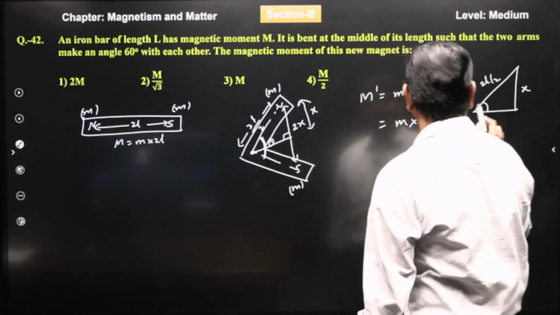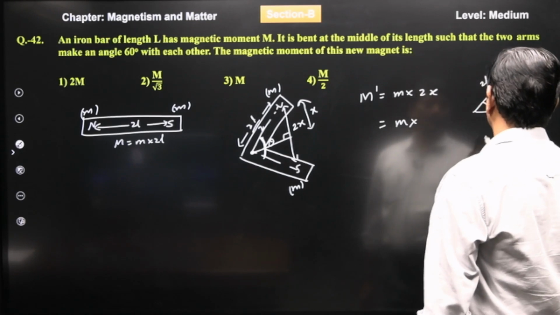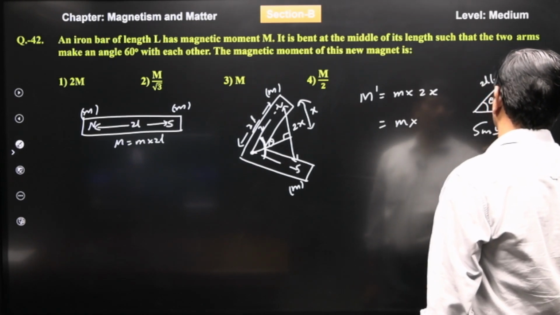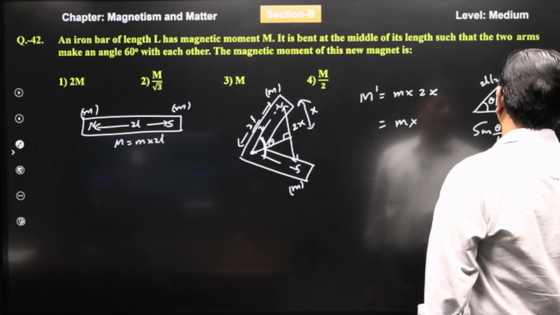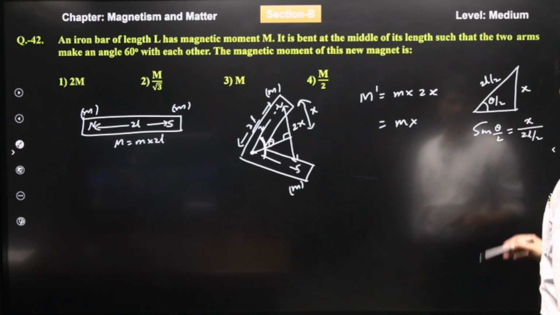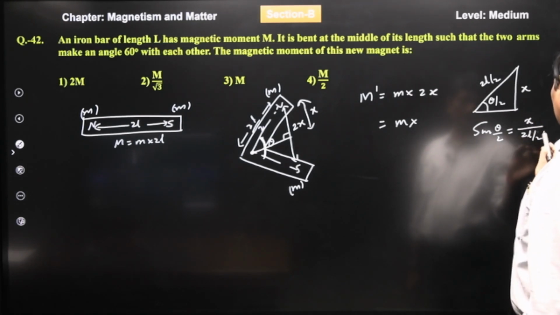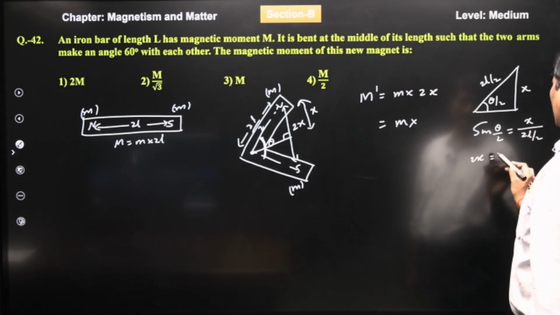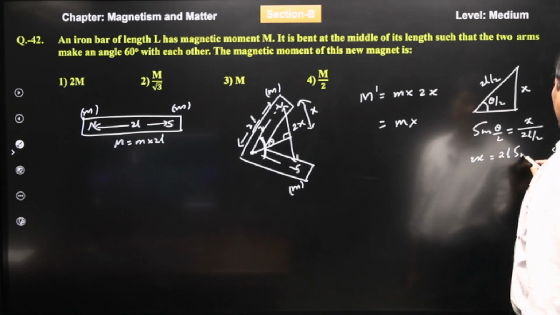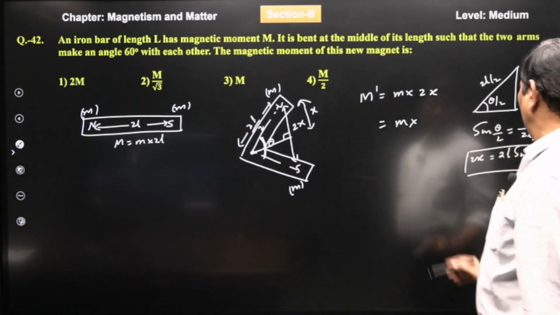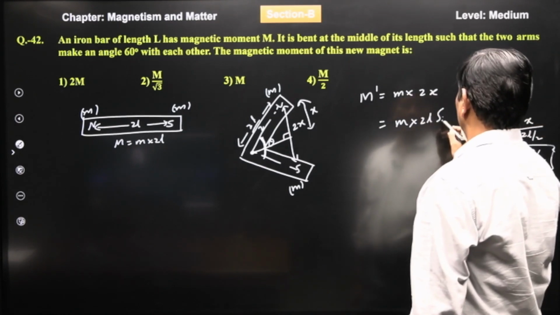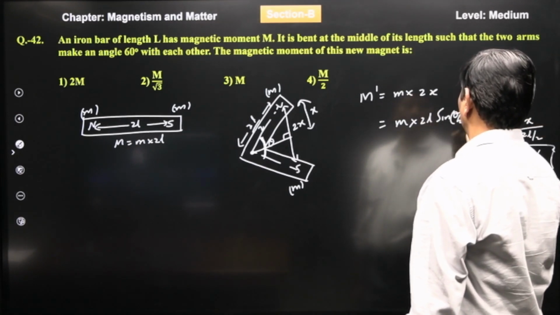Half of that angle is theta by 2. Sin theta by 2 is equal to the opposite side x over 2L by 2. So this 2 goes to the numerator: 2x equals 2L sin theta by 2.